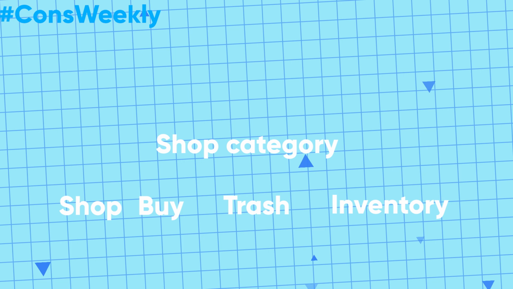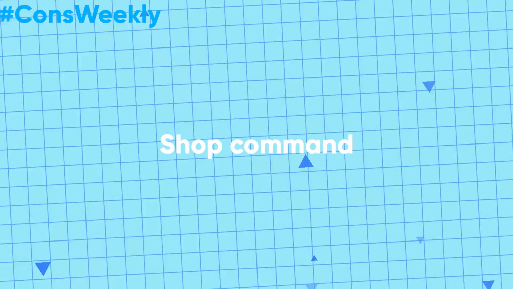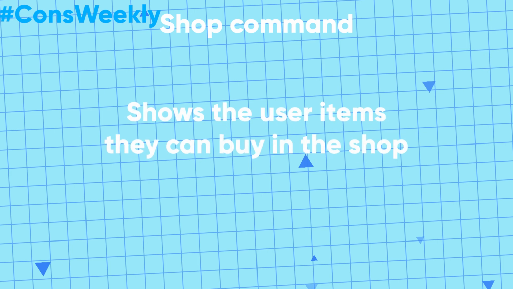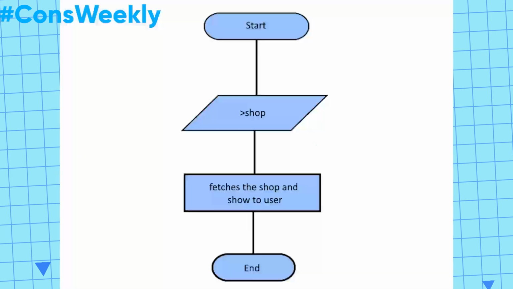Now, onto the last category, the shop category. This category has 4 commands, which are shop, buy, trash, and inventory. Starting with the shop command, the shop command shows the users every single item that the shop has. There are two types of shops in this bot, a normal one and the buffer one.